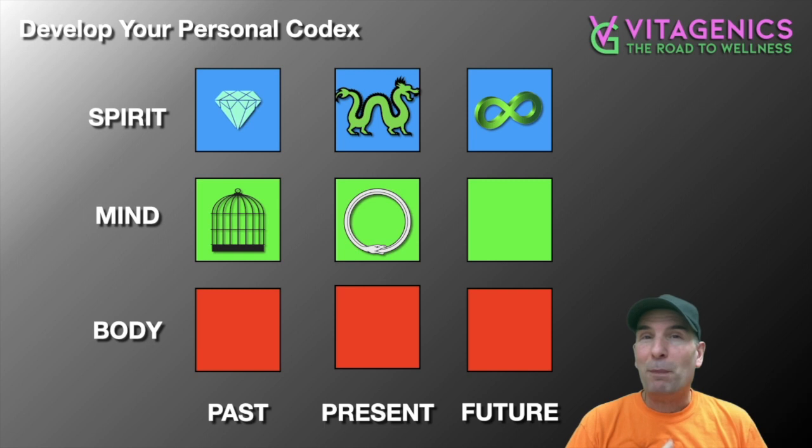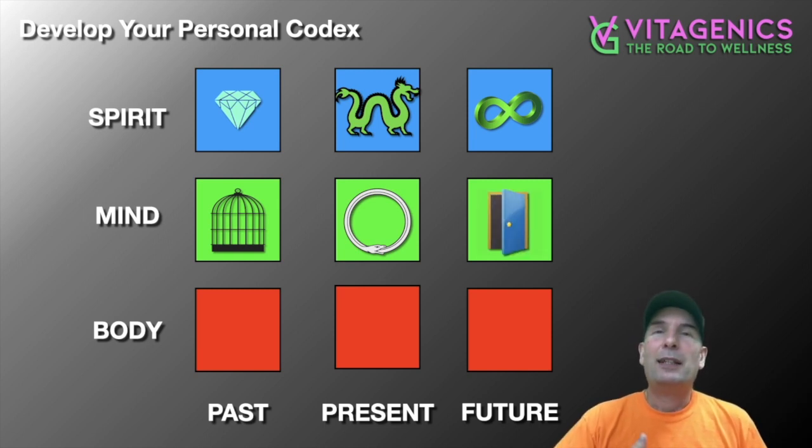So again, this is the image that I'm using at the moment. And then I'd like to think of my future mind more as a doorway or a gateway that can lead me to many further explorations of my spirit and this world, etc.